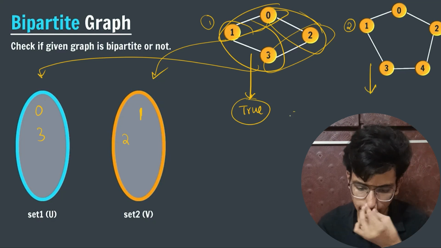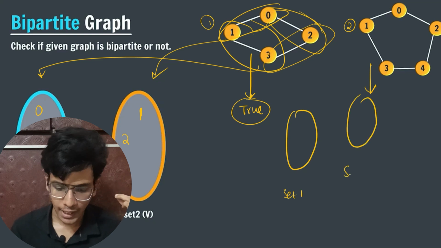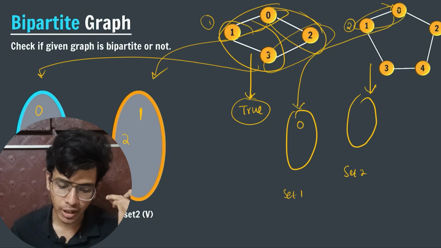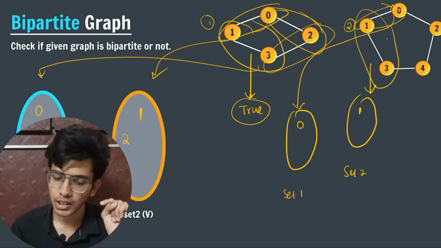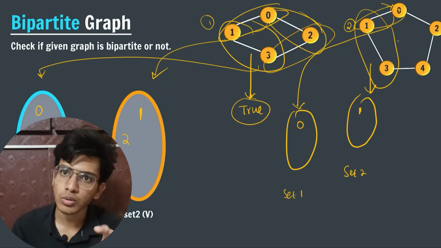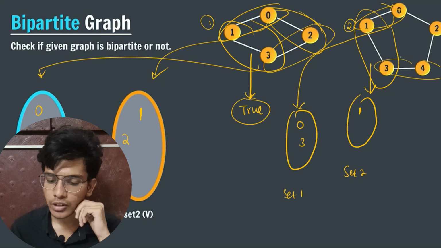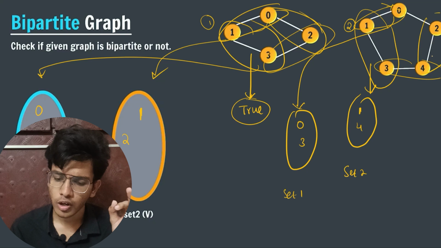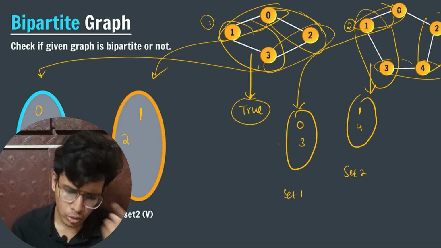Now let us observe this diagram. This is my set 1 and this is my set 2. This is my source node, and if I am adding 0 in set 1, then I should add 1 in the opposite set. After it, if 1 is present in set 2, then I should add 3 in my set 1. After it, 3 is in set 1, so add 4 in set 2. Now 4 is present in set 2, so add 2 in set 1.